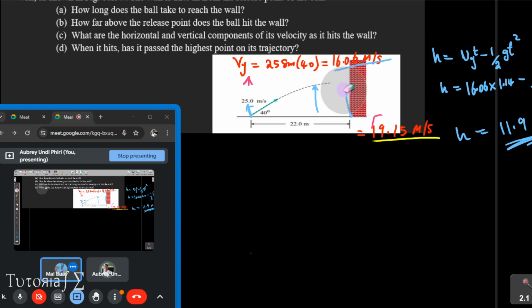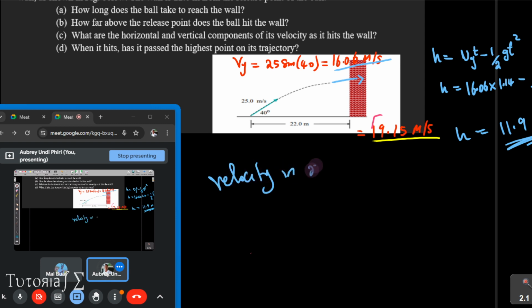As it hits the wall, velocity in the x component does not change, so it will be the same. We just need to find velocity in the y component. So velocity in the x component is constant, which is equal to what? What would be the velocity in the x component?